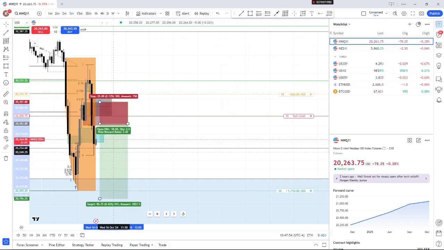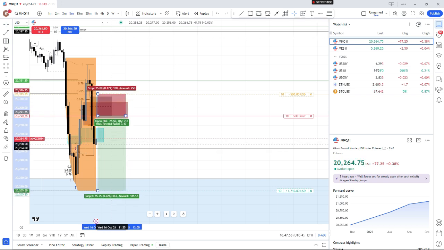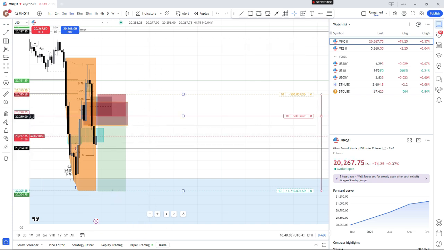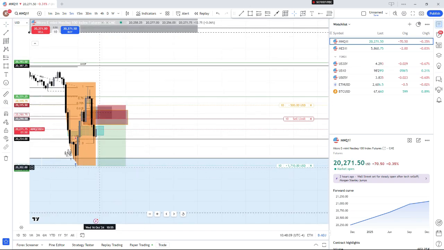Breaker. Okay, put up there. Essentially we're targeting a 3R trade, taking liquidity here.